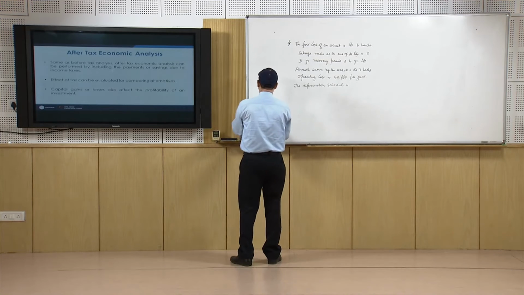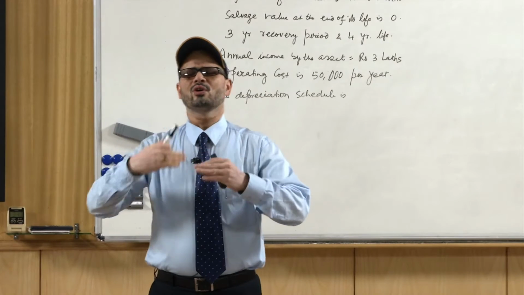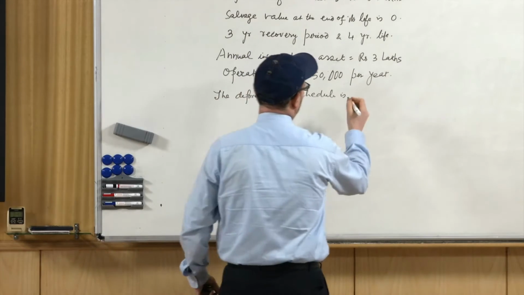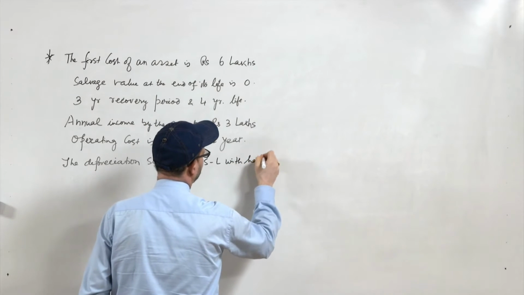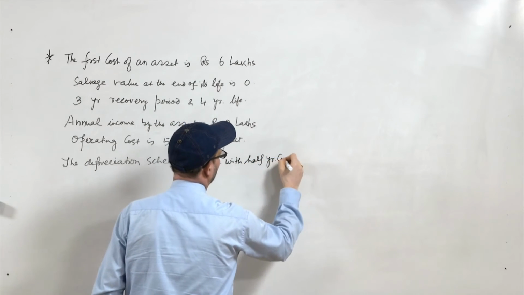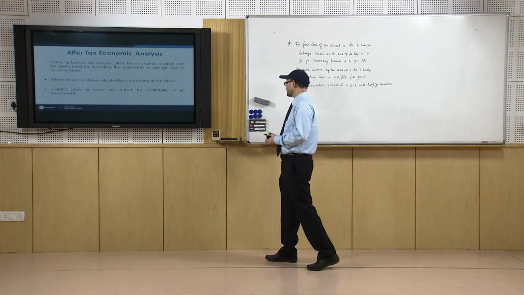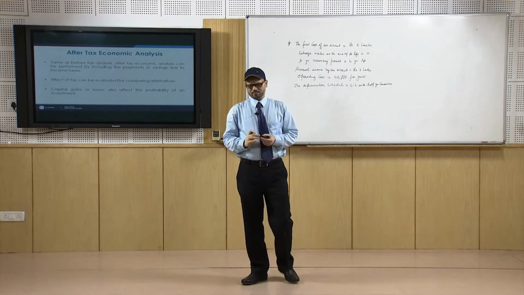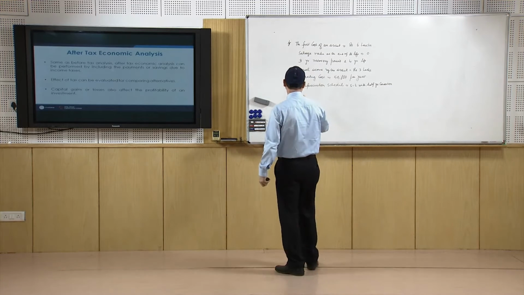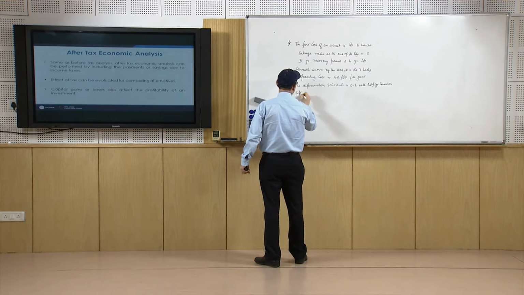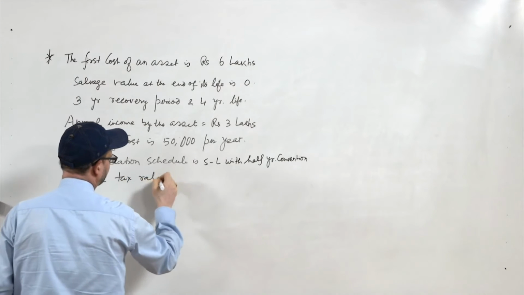If we take the straight line with half year convention, the depreciation has to go into the 4th year. The effective tax rate is also given, and it is given as 30%.